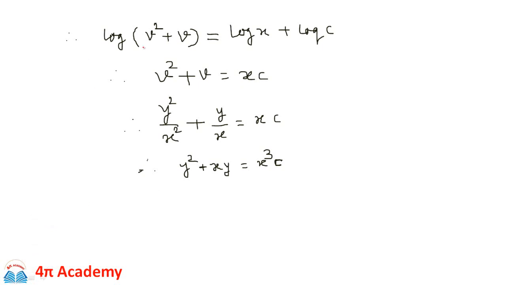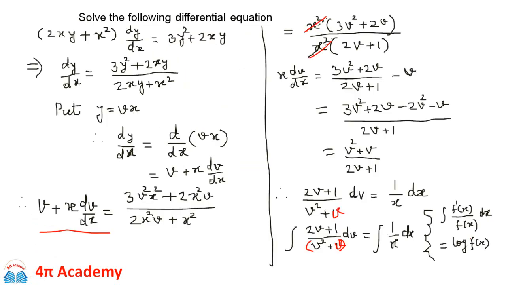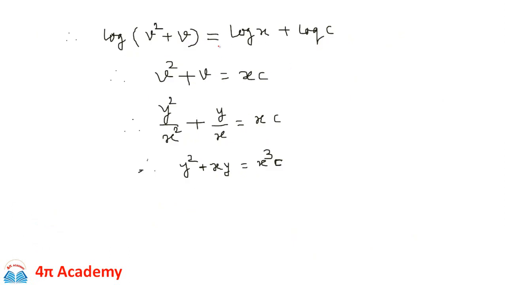So this will be log of v square plus 1 is equal to log of x, because here the integration of 1 by x is log of x, plus log of c. So we can write this equation as v square plus 1 is equal to x into c.